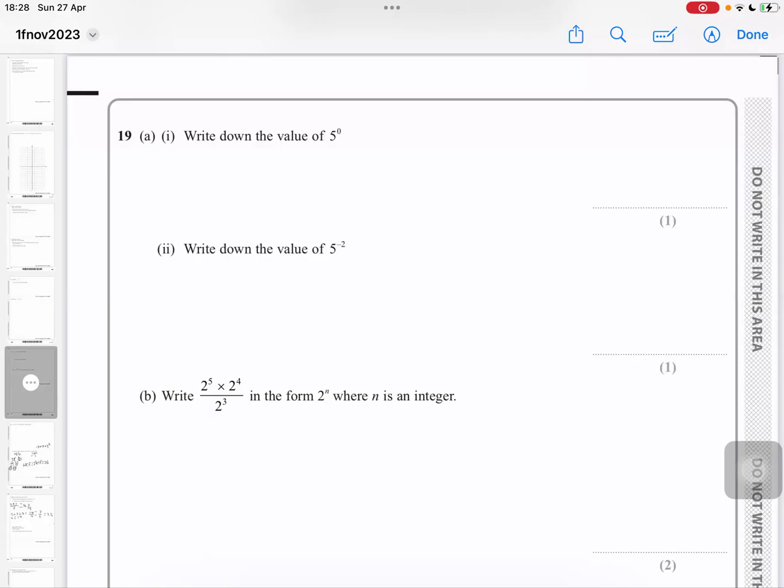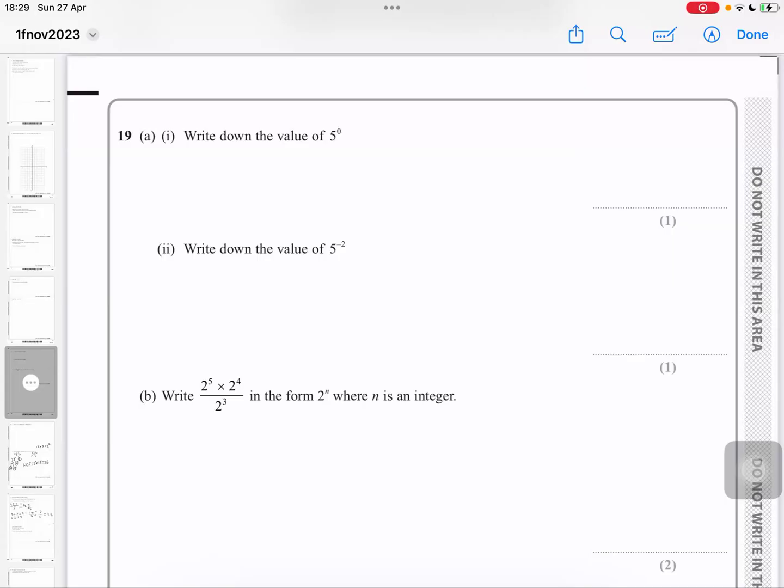Whenever you have the common base, which here is 2, you are free to add the powers and keep one of the bases. So 2 raised to power 5 times 2 raised to power 4 is equal to 2 raised to power 9. Did you get that? Yes.